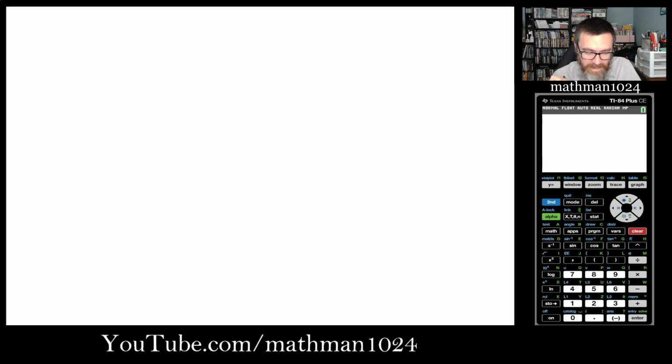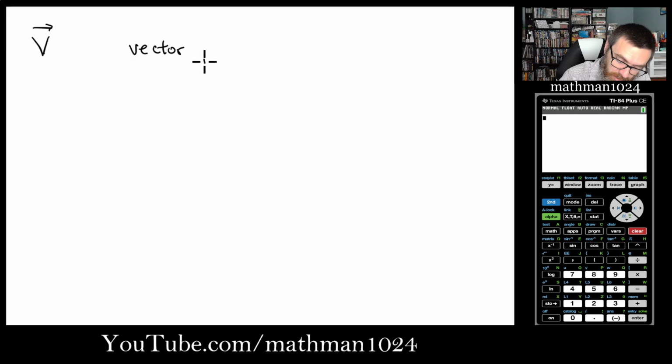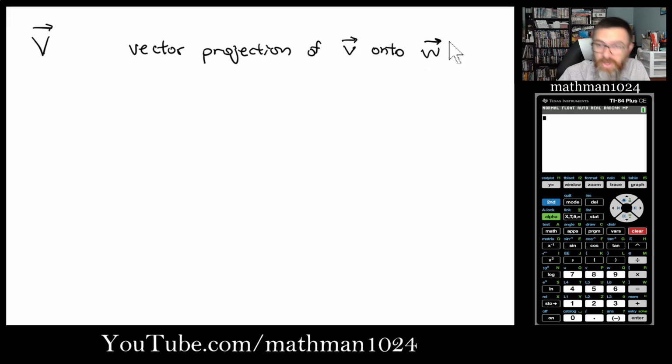We're going to take a vector v, and we want to see its vector projection of v onto a second vector w.